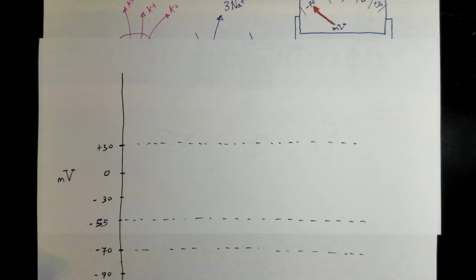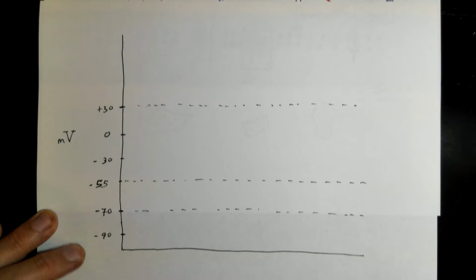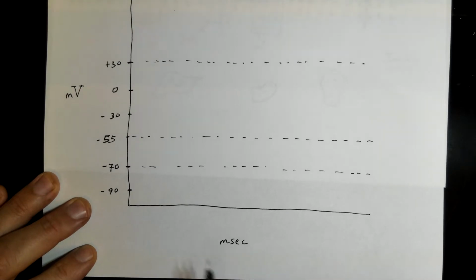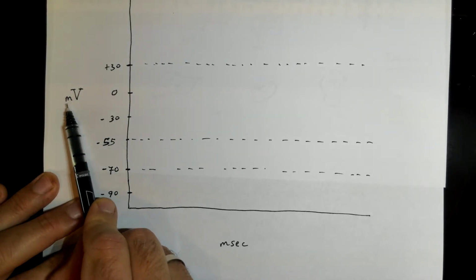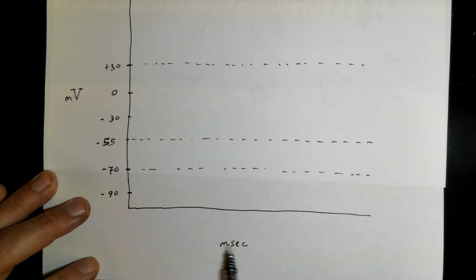So if I were to look at this graph right here, notice I've got these two axes. On the horizontal axis, I've got milliseconds, M-sec. And on the vertical axis, I've got millivolts, M-V. So let's not forget what milli means.